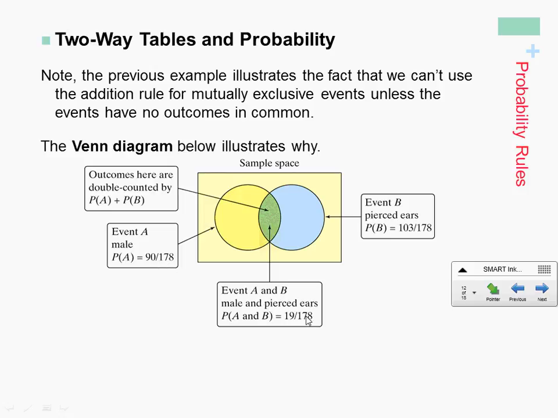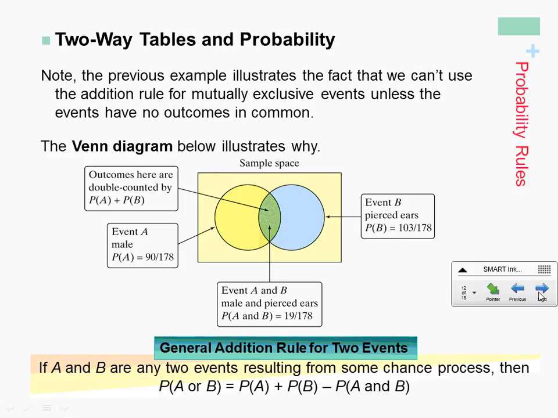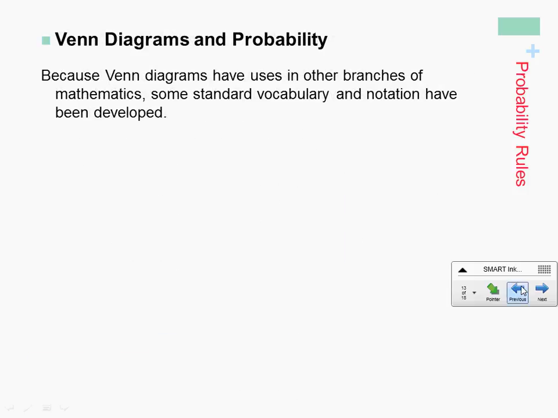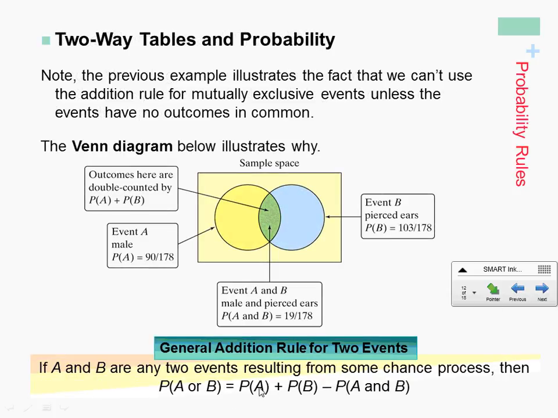And here's the general addition rule for two events. If A and B are any two events resulting from some chance process, then A or B, now remember this is the OR statement, you take your A, you add your B, and then you minus A and B. Now that's very confusing, I think. I don't like this formula.